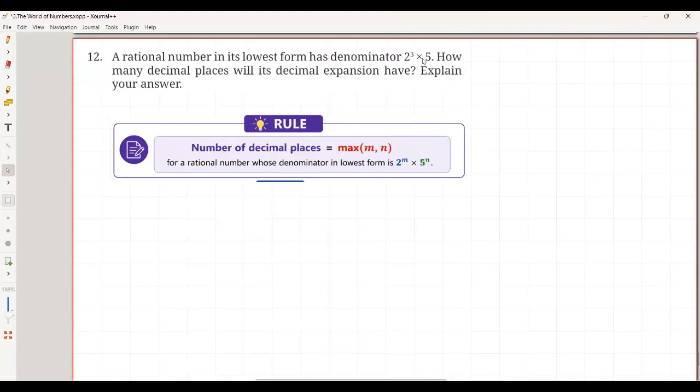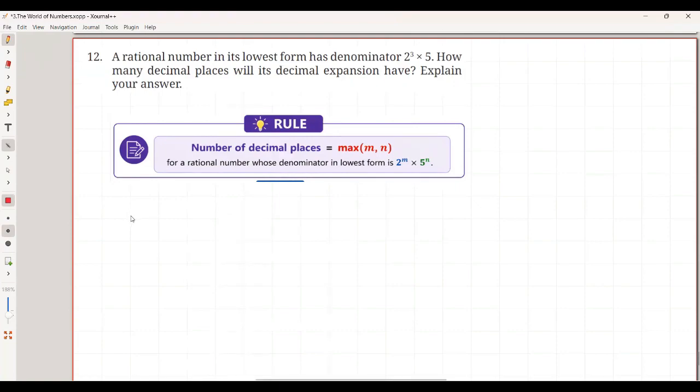So here we have to find how many decimal places. You have to see the maximum. Here, 3 is the maximum. So it is going to have 3 decimal places.